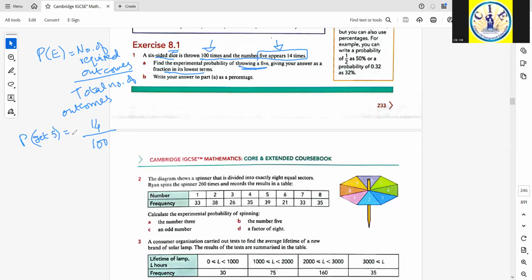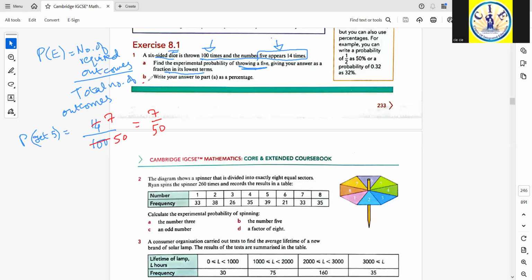So we can obviously simplify it to 7 over 50. So that is going to be your answer, 7 by 50 is the probability of getting a 5.